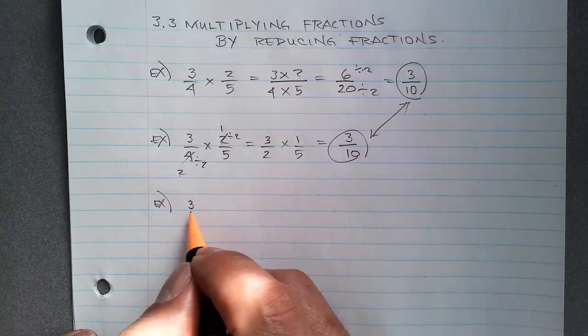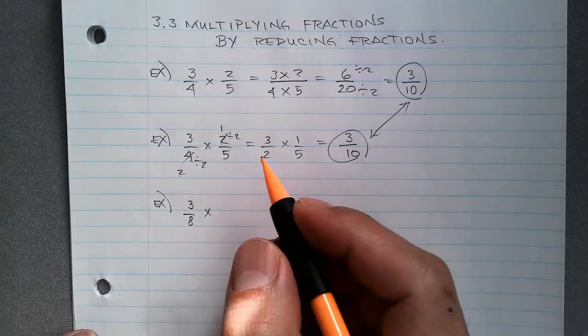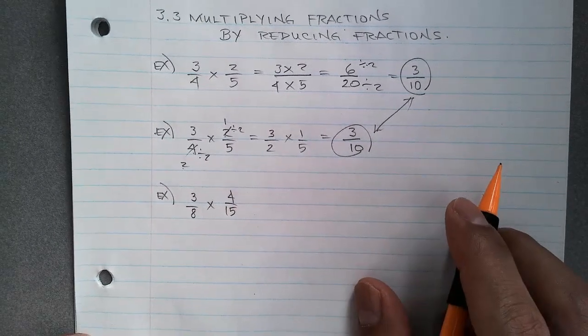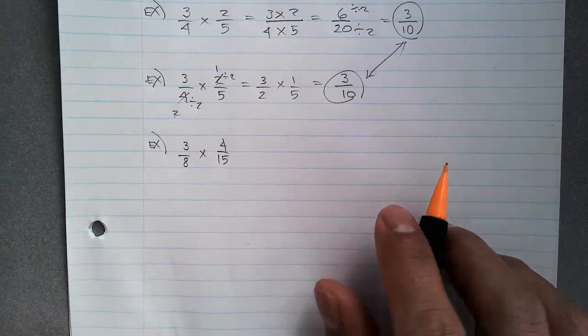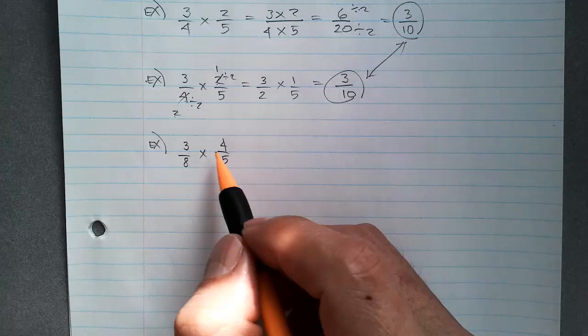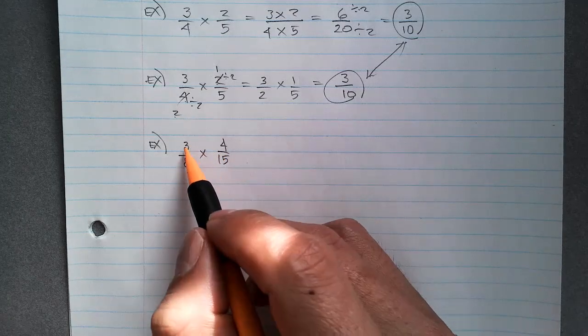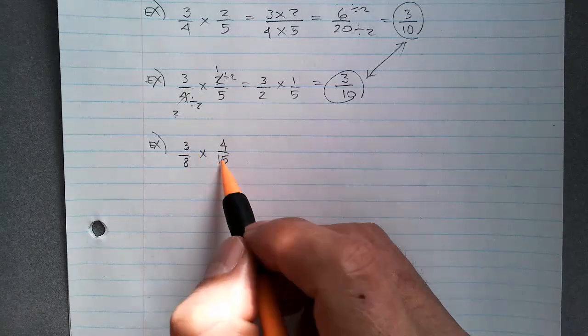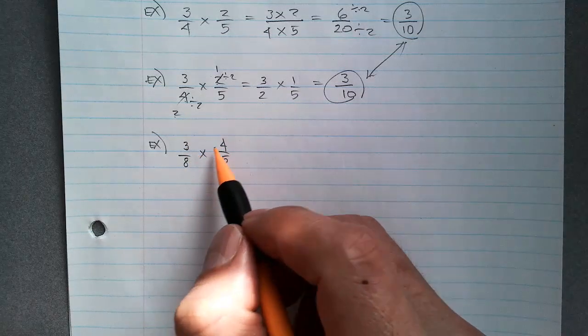So let's try another example here and see if you can get this. What about this one? 3/8 multiplied by 4 over 15. Again, if you don't see it right away, the questions in this assignment purposely do have common factors between diagonal numerator and denominator.